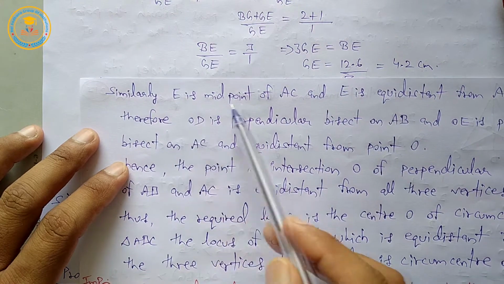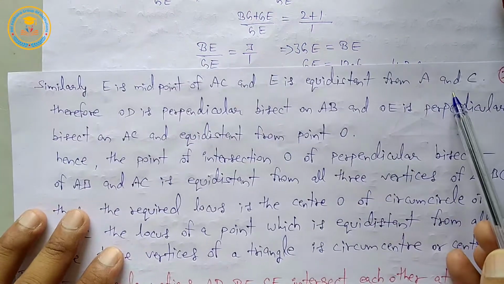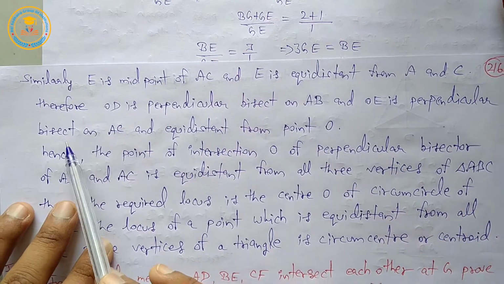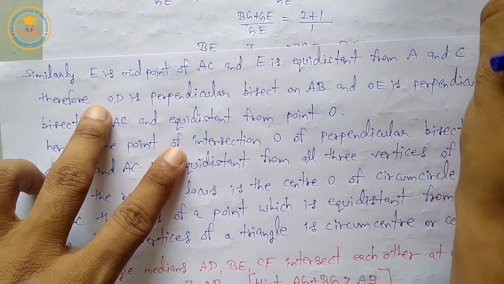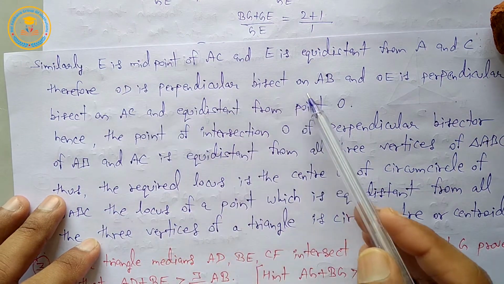OD is perpendicular to AB, OE is perpendicular to AC, and D is equidistant from A and B, E is equidistant from A and C. These lines are mentioned here.